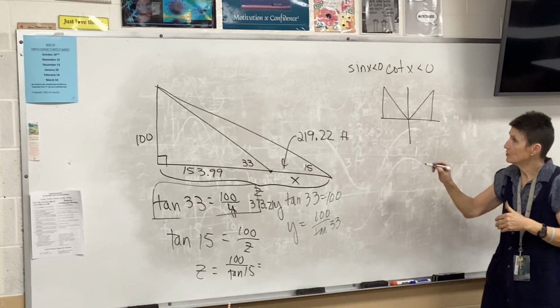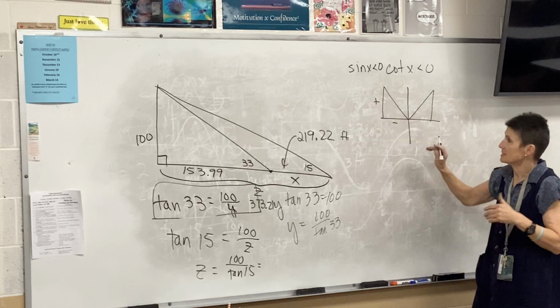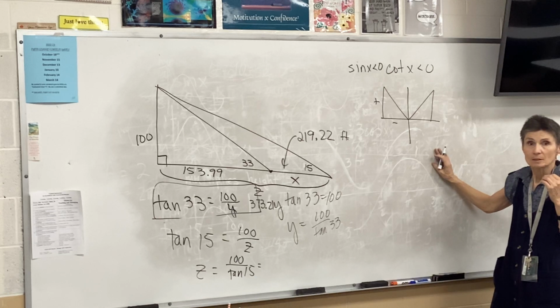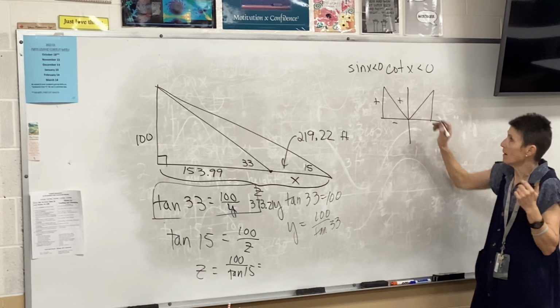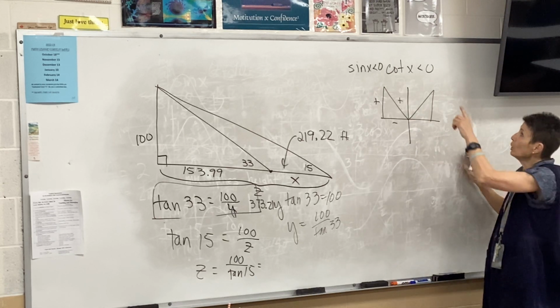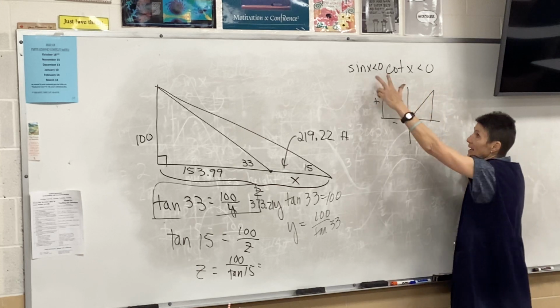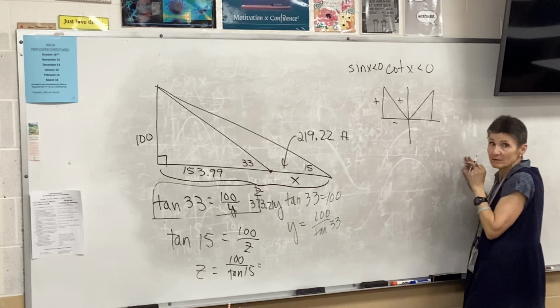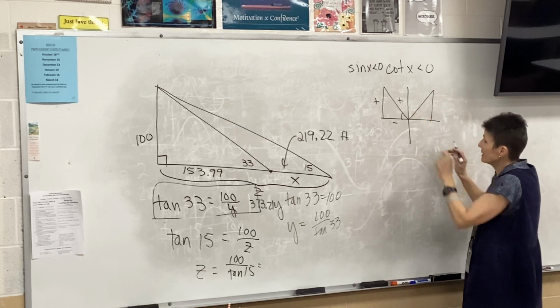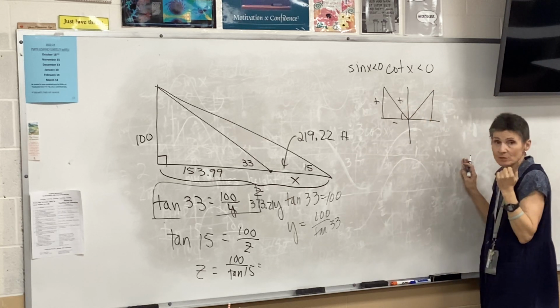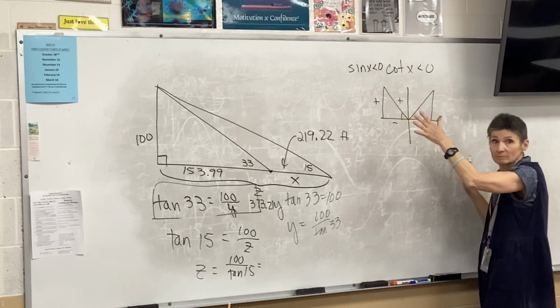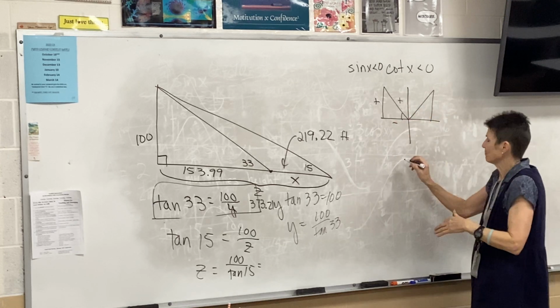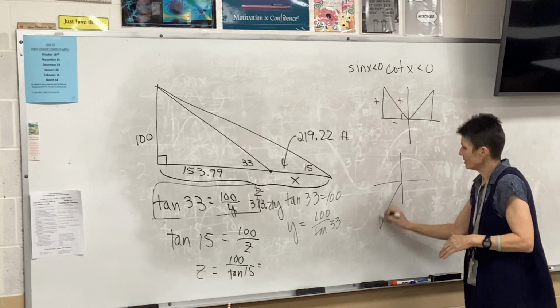Well, in quadrant 2, that side's positive and this side's negative. Hypotenuse is always positive. Would that picture give me a negative sine? No, because opposite over hypotenuse would be positive. So it's not quadrant 2.